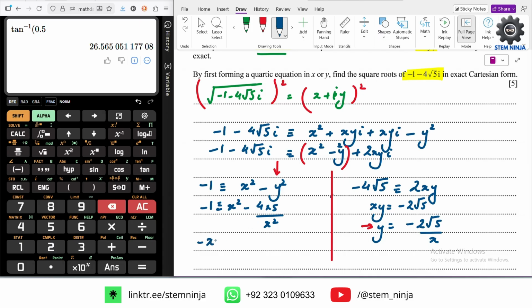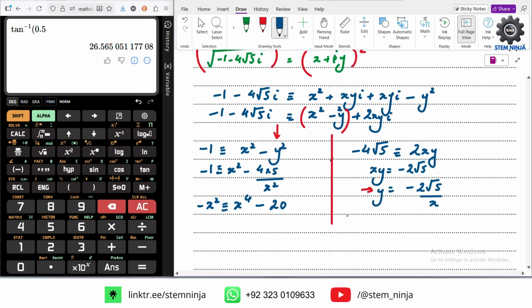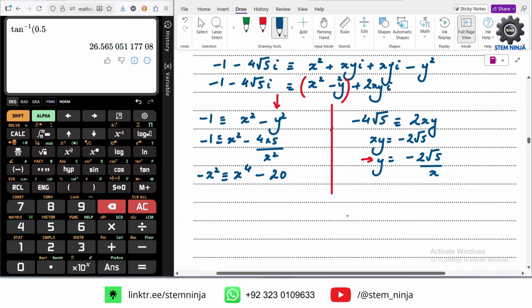This would become minus x squared, x raised to power 4, minus 20. This has become x raised to power 4 plus x squared minus 20 equal to 0.